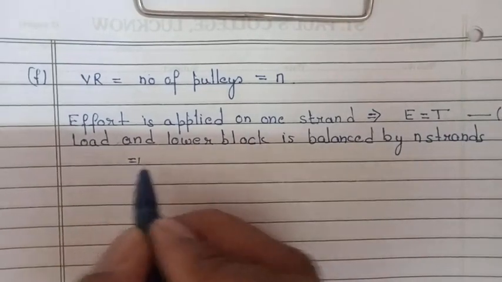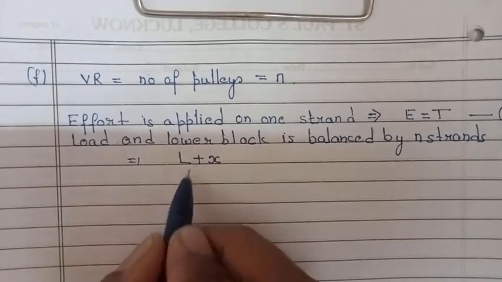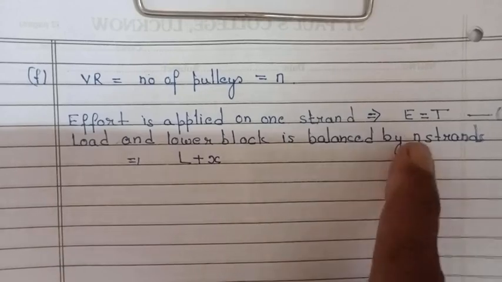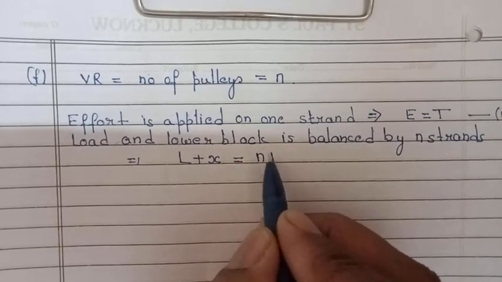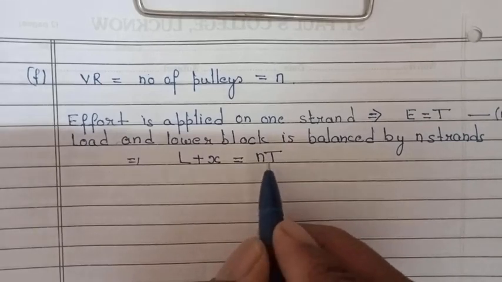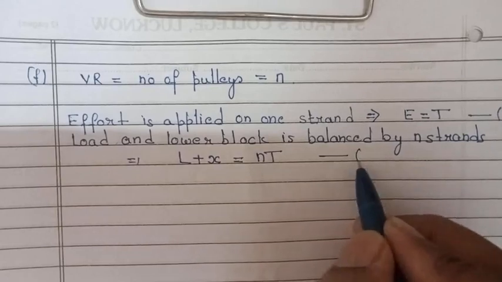In each strand the tension will be T, so the total tension will be nT. So load plus x is equal to nT. This is the second equation.